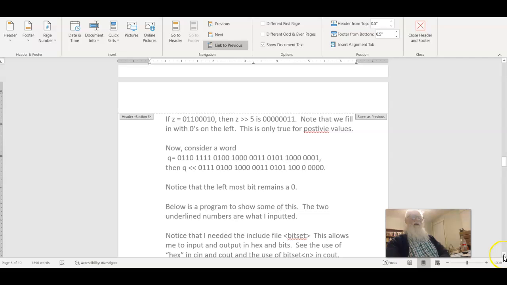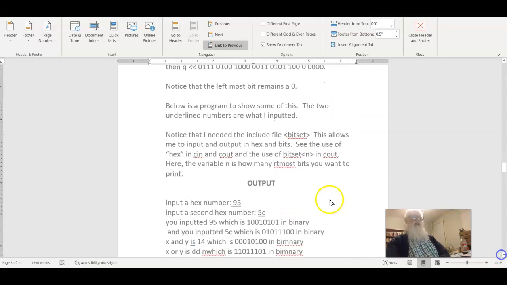Now, I wrote a little program, which I have here, that shows some of these. It's down below here, so you can practice it and look at it. One of the things I used was bitset, because bitset allows me to write things out in bits and in hex.